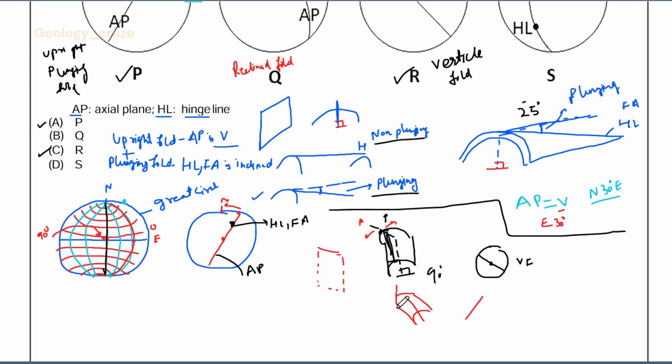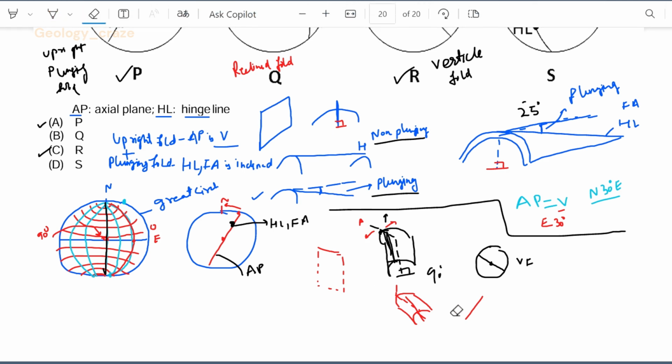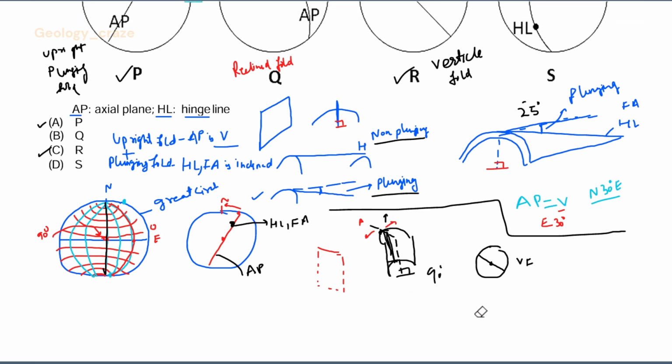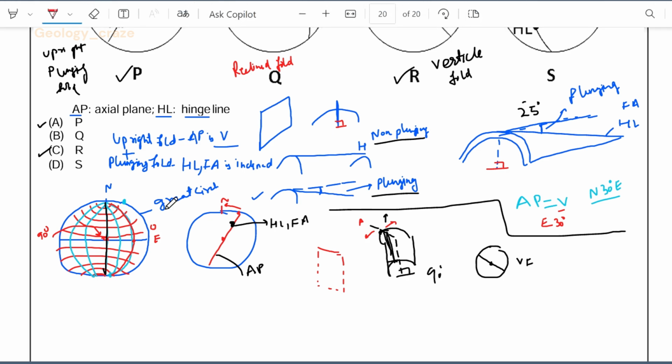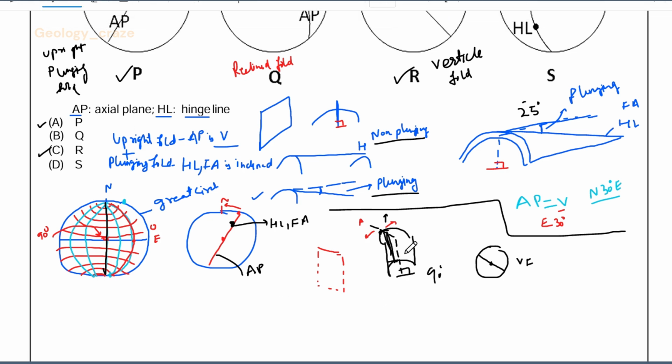This is getting clumsy. Wait. First we will make a picture also. Now our axial plane is getting inclined. I have tilted it a little bit toward this side.